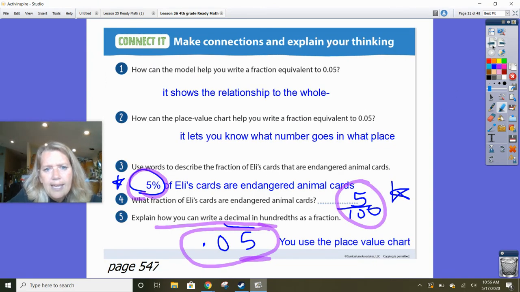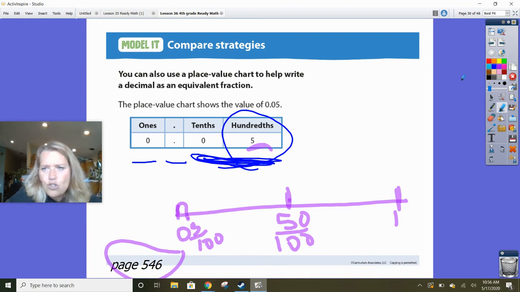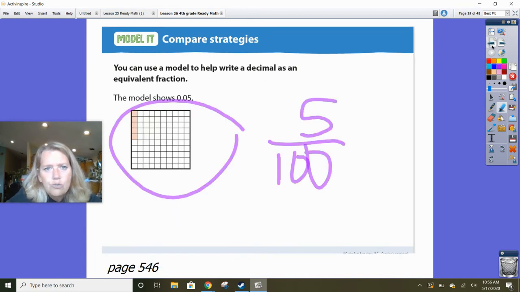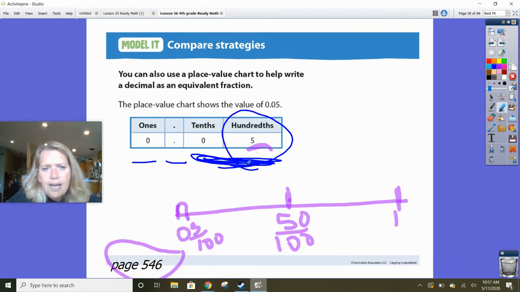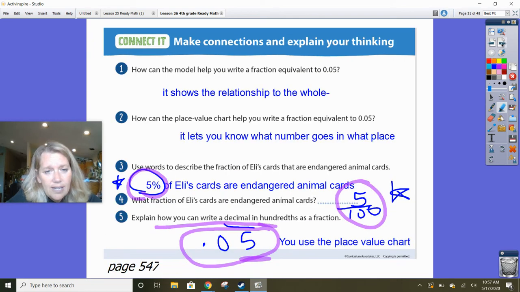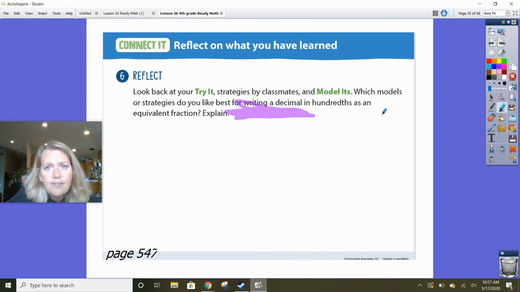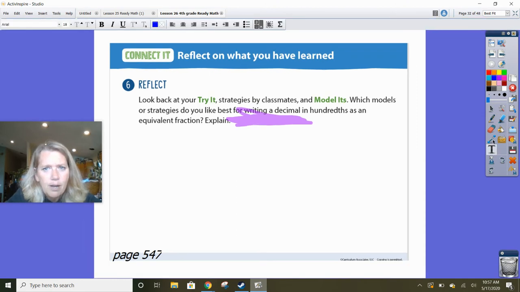Do you like the place value chart? Do you like the hundredths model? Do you like a number line? Do you like to think of it like percent? Do you like to think of it like money, even though it's not a money problem? So there's a few strategies. Which one am I liking best right now for this one?